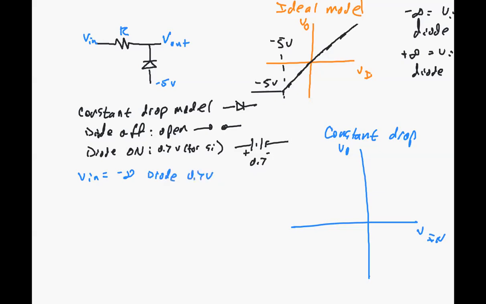So if I replace that diode with the 0.7 volt source, we have to make sure that we get it in the same direction as the diode.